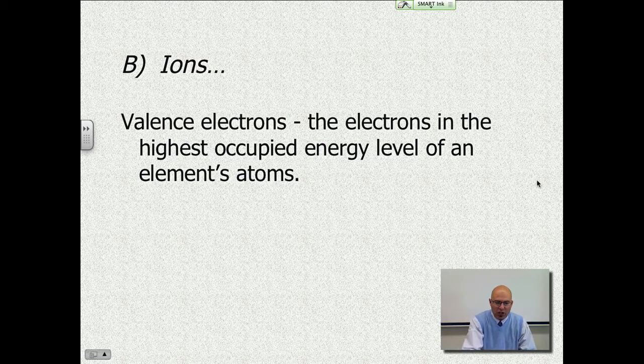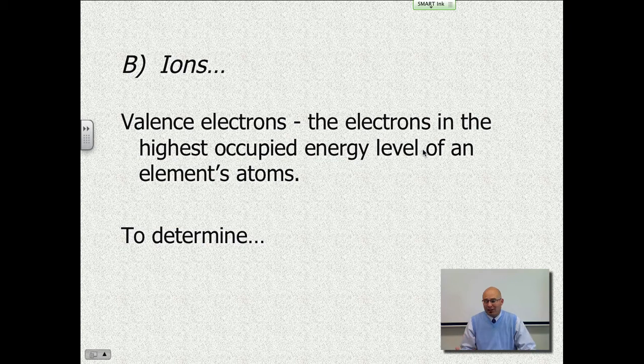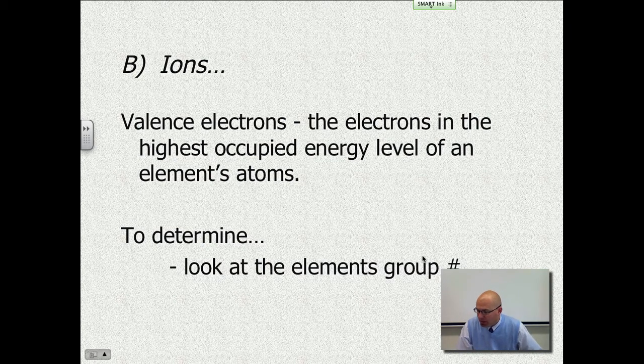Now, how do we determine how many there are? Again, it has to do with where they're located on the periodic table. So if we look at the element's group number, this is where I like using the US way or the European way of naming the families, rather than using the IUPAC way. I know the IUPAC way goes 1 to 18.